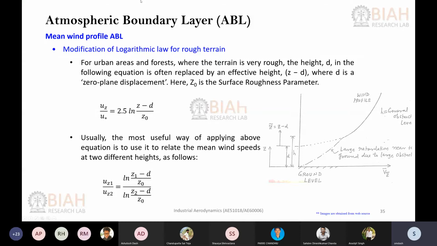In this logarithmic velocity profile that we have seen earlier, we assumed that the displacement plane is zero. So what is the displacement plane? It is a particular height you need to raise from the ground level, where all the measurements will be referred.